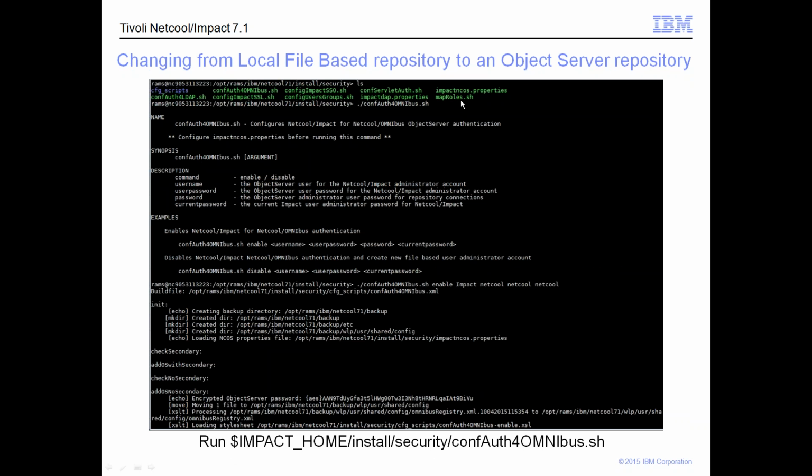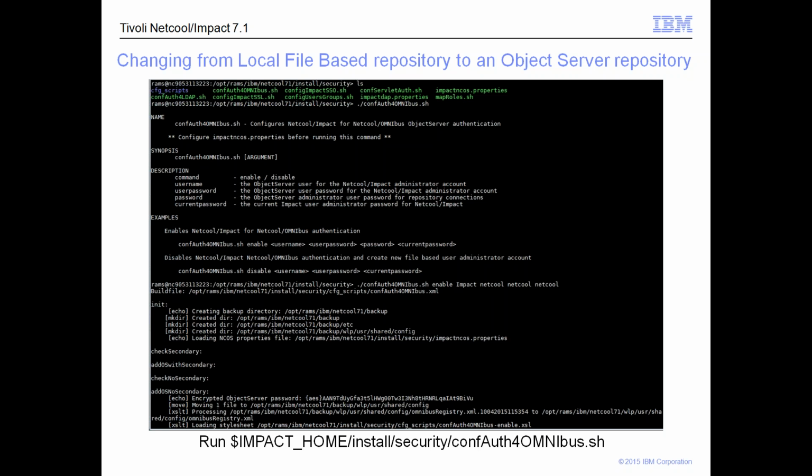When you're done configuring your impact server to run the object server as the repository and you've defined your administrative user, you would then add roles to that user and you run the map role command. If you just run the command similar to how I ran this without any options, it'll show you what options you need in order to set that up.